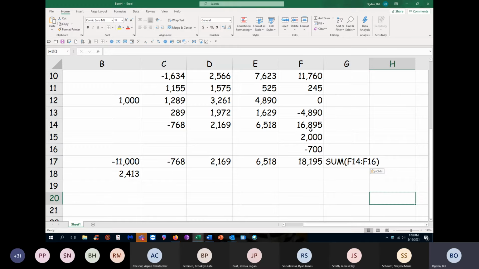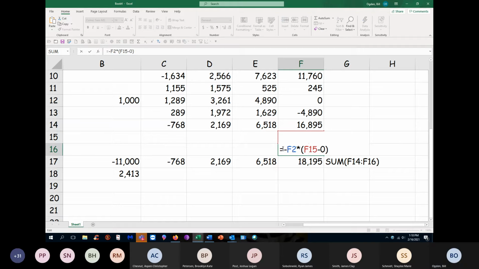So it's the sum of this one, and this one. Okay, and what was this one again? We can get that. So minus T times D times salvage minus book.